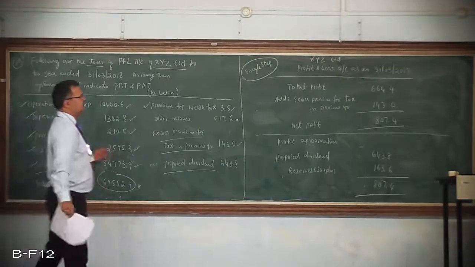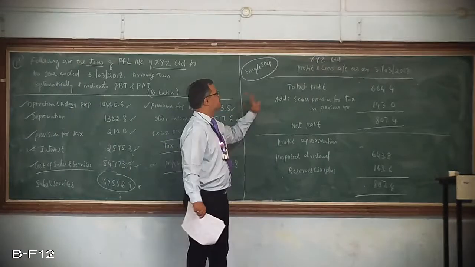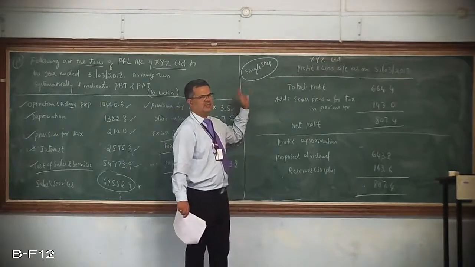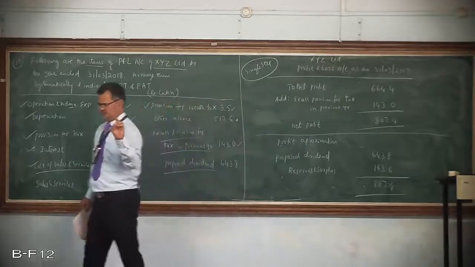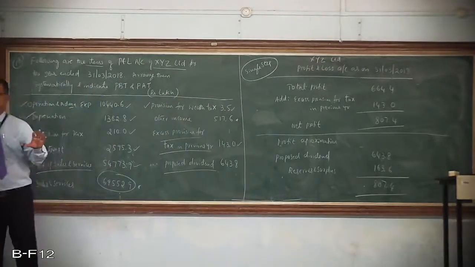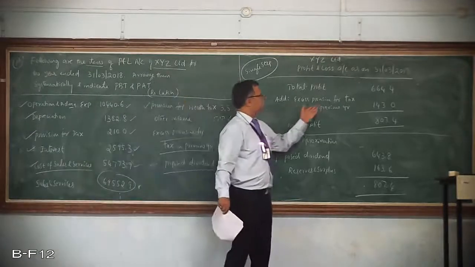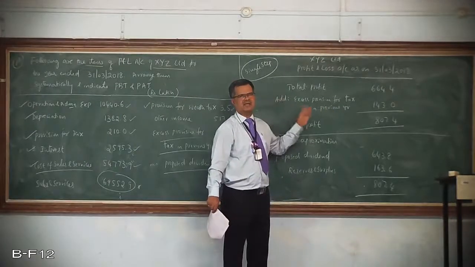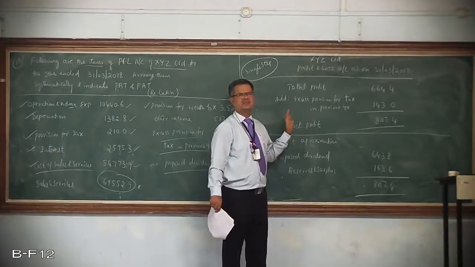So this is a single step problem, single step solution, sorry, for the problem. That is, you are basically finding the revenues and expenses, finding the total profit, then add any excess provision made during last year, like tax and all, then you're going to get net profit. That's all. In a single step.